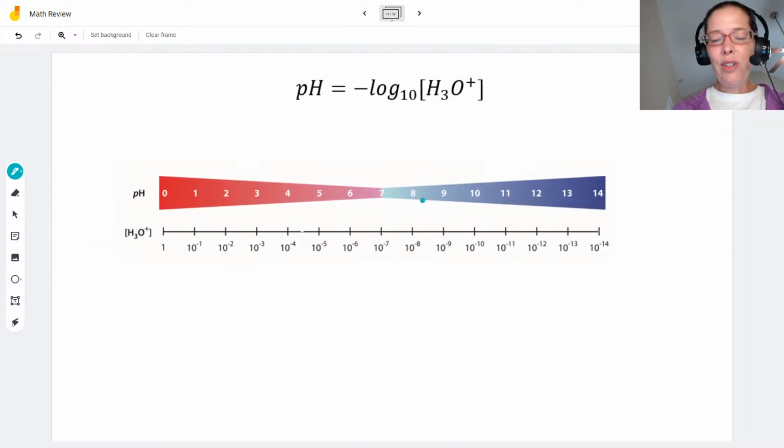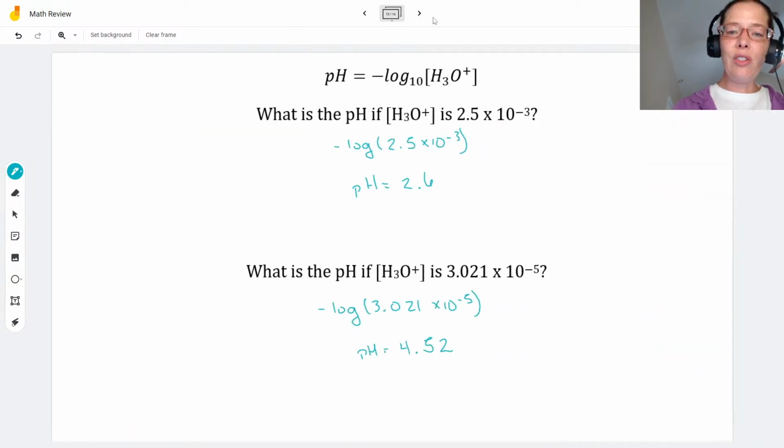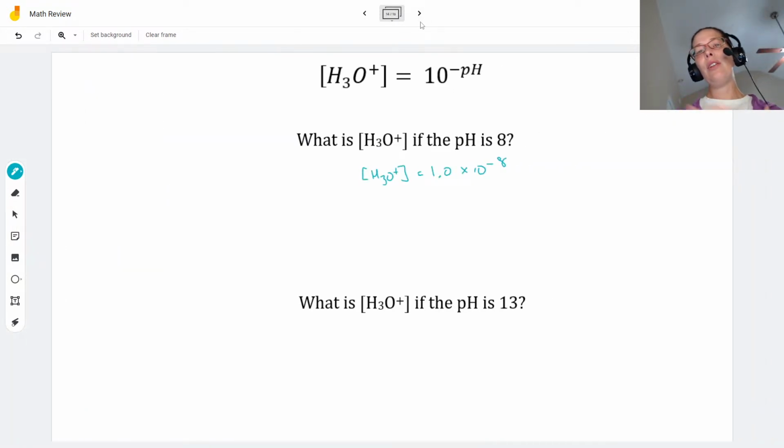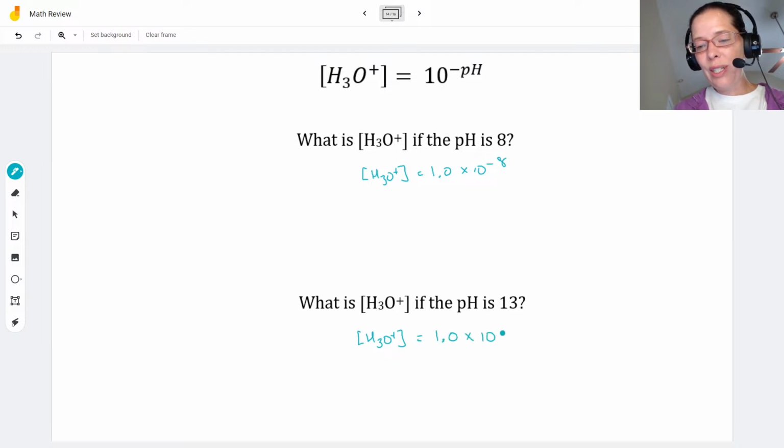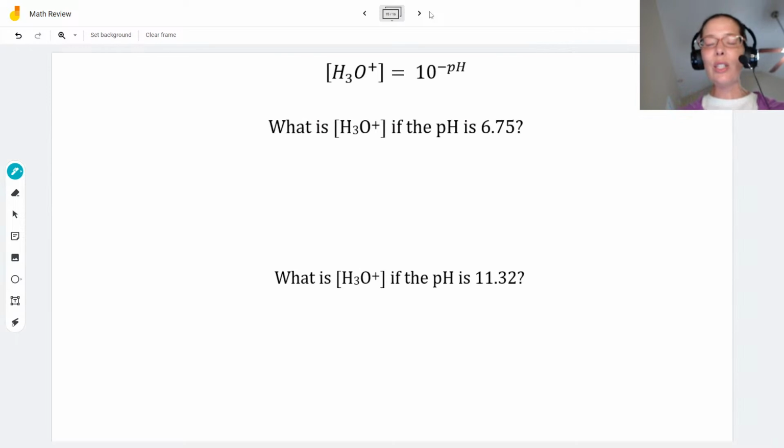So if I have pH of 8, there's my concentration. I just want to show that connection. If you have a pH that is a whole number, then you just make that the exponent and take the negative. So if I have my pH that is 13 exactly, then my concentration of hydronium, I'm just going to take the negative of it, and it's 10 to the negative 13th. Okay, so those are the easy ones.